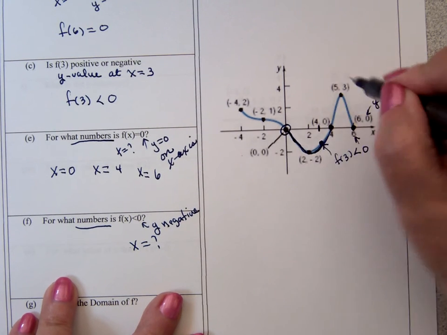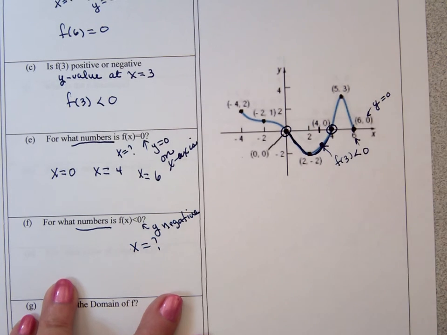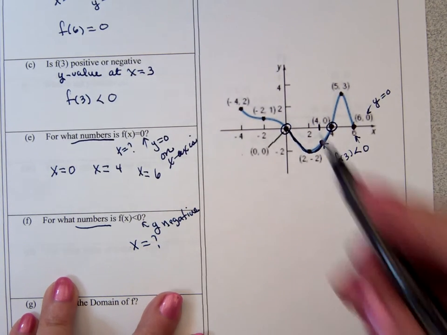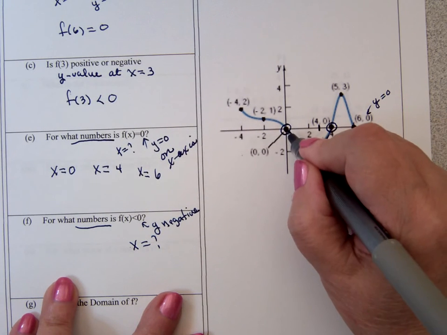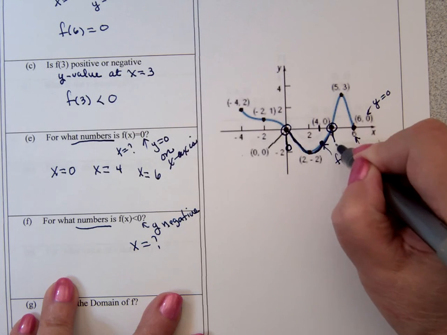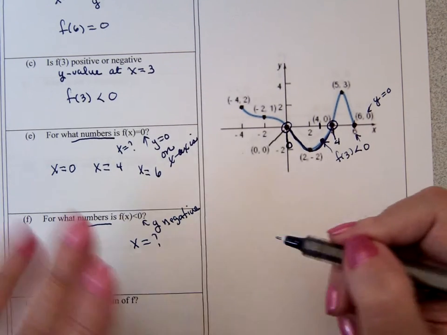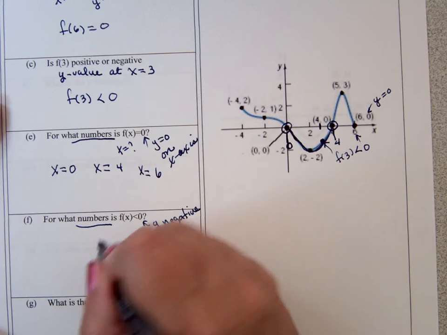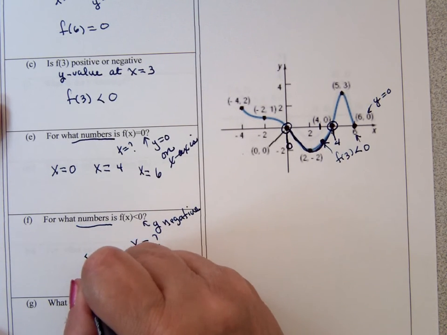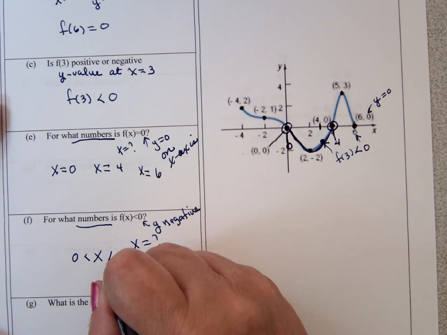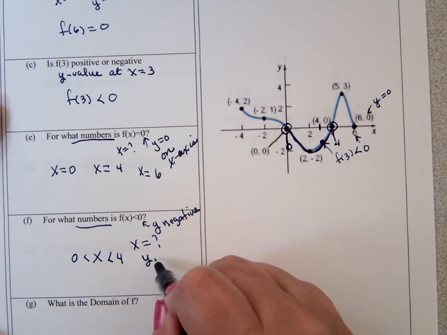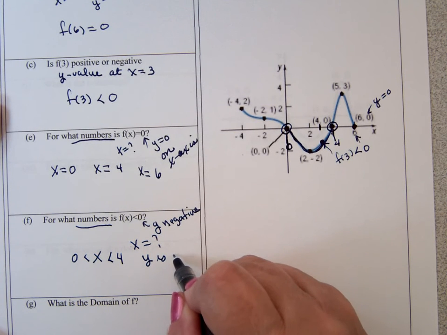It does not include the x value, so I'm going to put open circles there. So that says, where is the graph below the x-axis? It's below the x-axis between x equals 0 and x equals 4. So that says, as long as the x's, and this is not an equal, are bigger than 0 and less than 4, then y is negative.